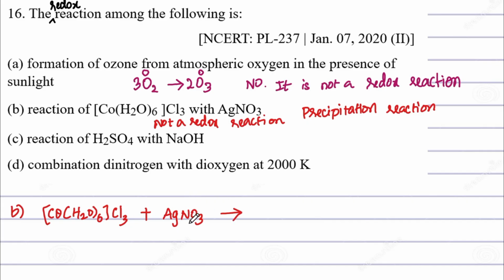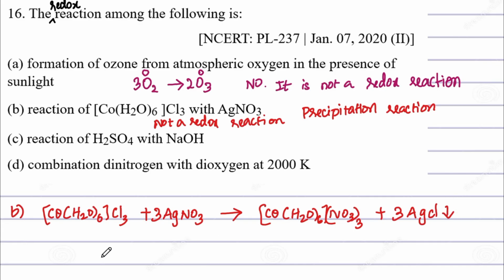The nitrate ions are displacing and combining with this complex. So you will get [Co(H2O)6](NO3)3 plus silver and chlorine. They both combine to form silver chloride, AgCl. So here to balance this equation, you have to write 3 AgNO3. So here also you will get 3 AgCl. So the silver chloride is precipitated.